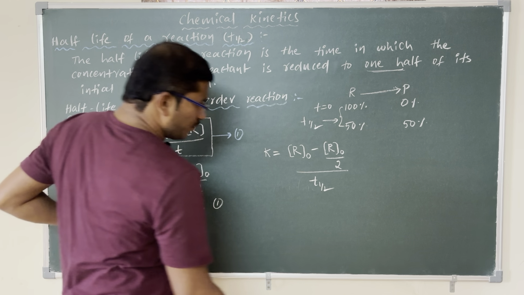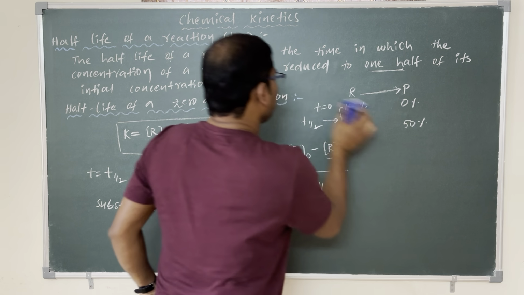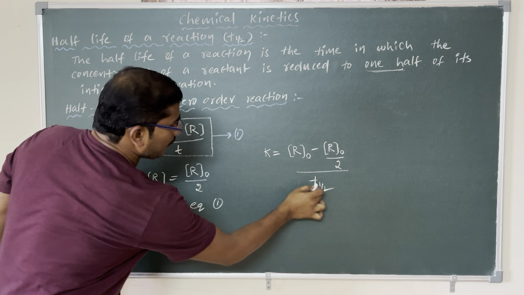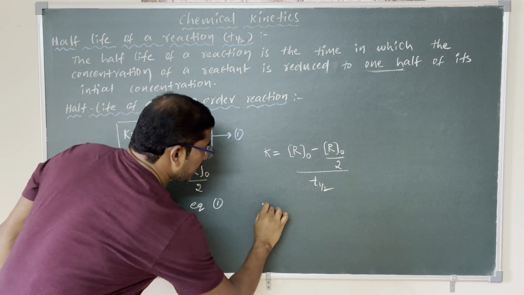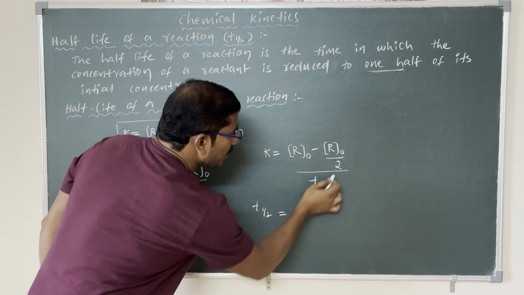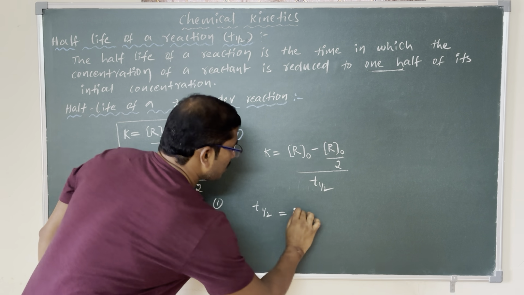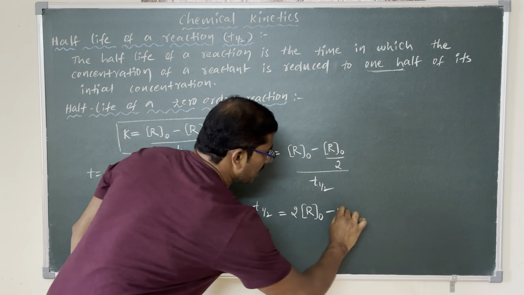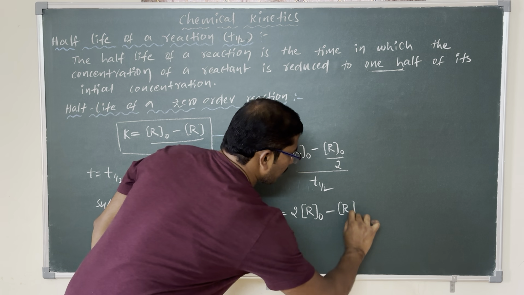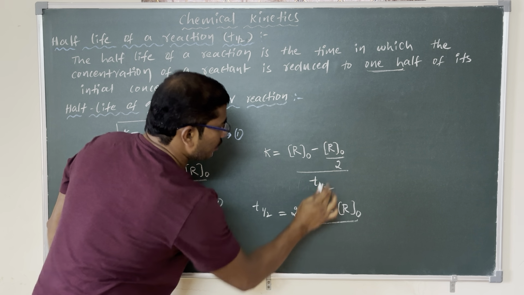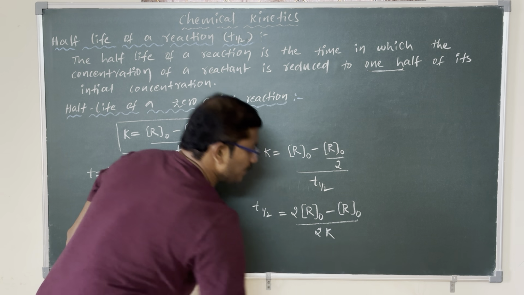Okay. Now, I am going to erase this part. T half I am going to send to this side, K to the other side. So, T half is equal to, and 2 is multiplying with this one. So, 2 into initial concentration of reactants minus initial concentration of reactants, whole divided by K comes to this side, and 2 is already there, so I am getting 2K.